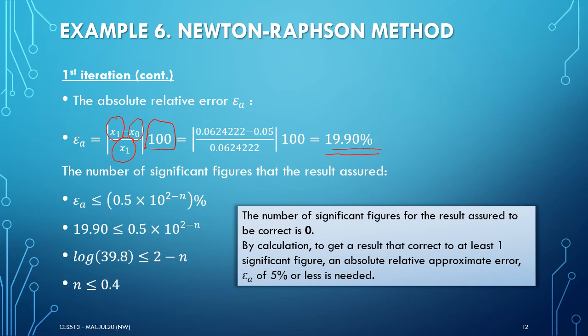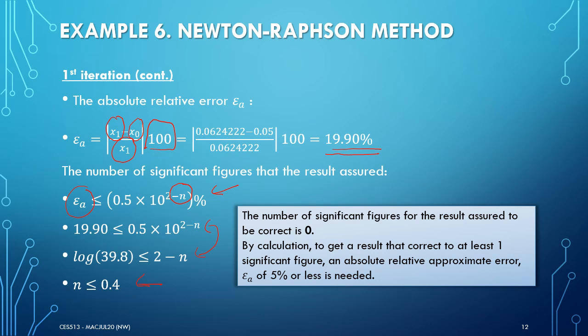remember that we have an equation relating the approximate error or specified error with the number of significant figures. So applying this equation and putting in the value of the approximate error, by rearranging these two equations, we get n less than 0.4.